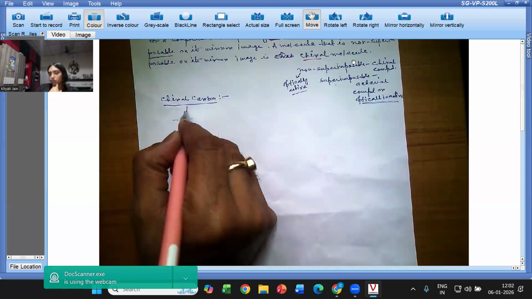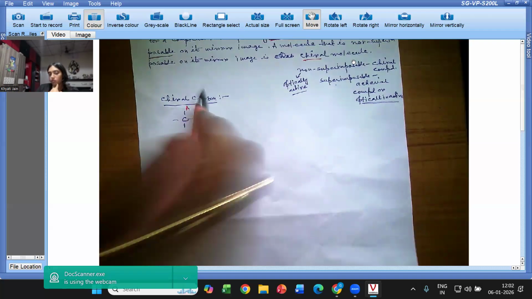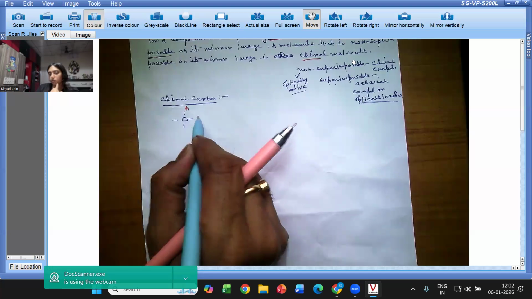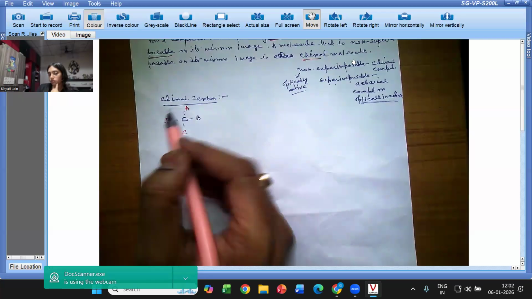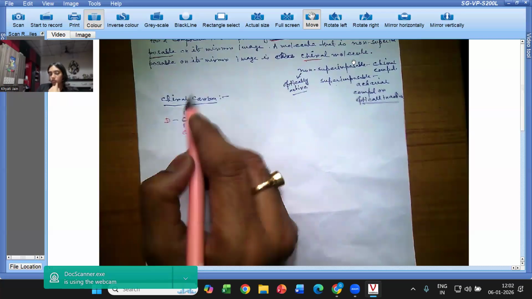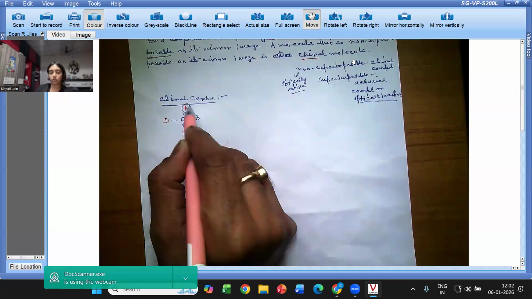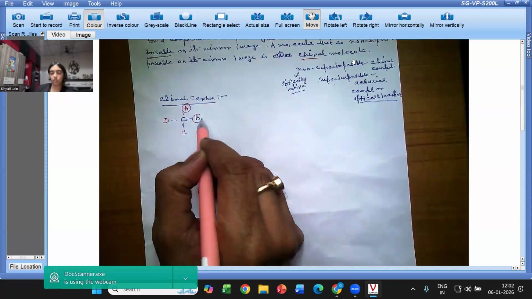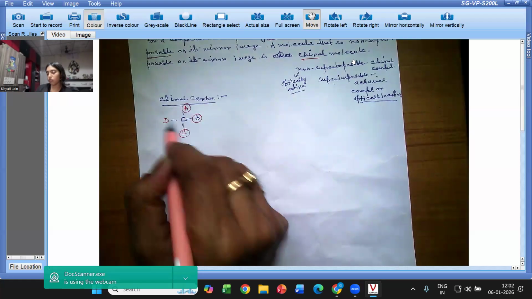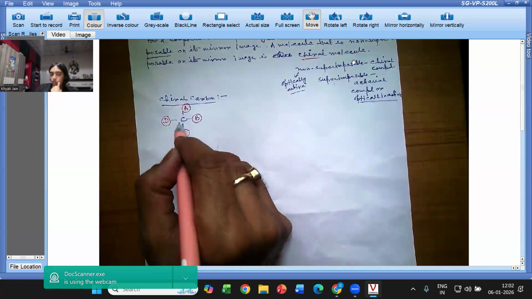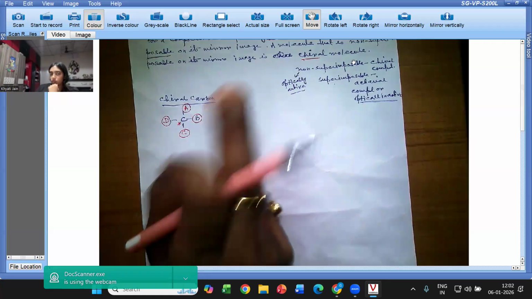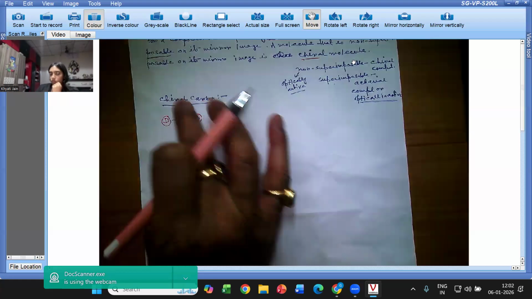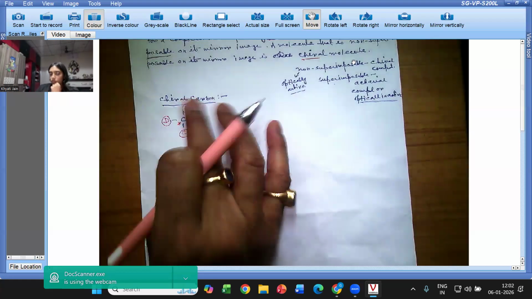Suppose A, B, C, D are 4 different atoms or groups. We call this compound a chiral carbon. A carbon bonded to 4 different atoms or groups is known as chiral carbon.